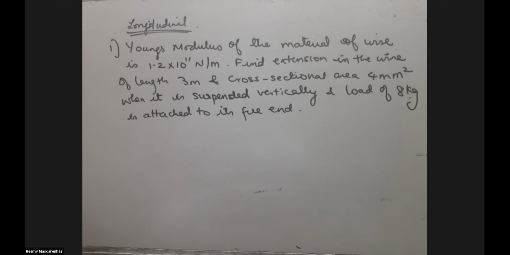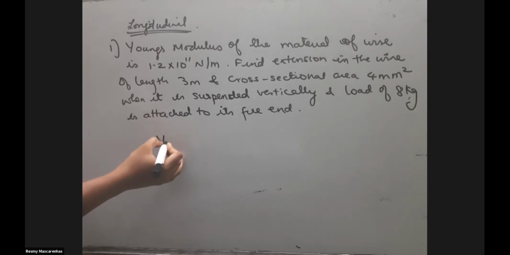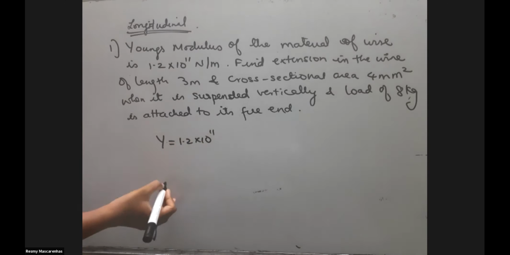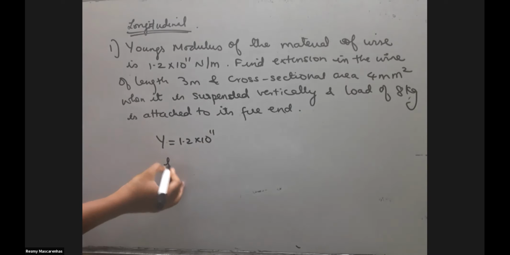So the moment you see Young's modulus, you know that it is related to the longitudinal strain. So you have to know that formula. So Y is 1.2 into 10 raised to 11, given. Length is 3 meters.